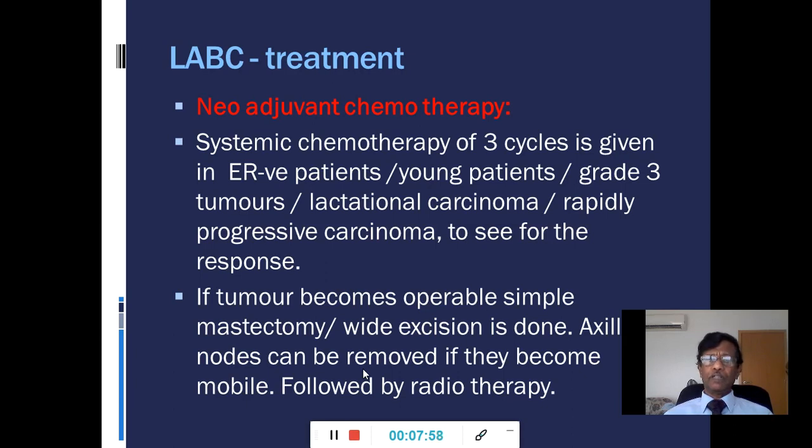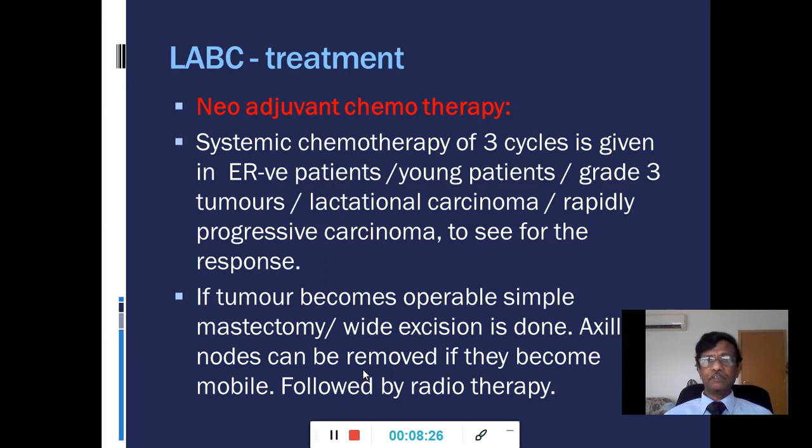Neoadjuvant chemotherapy, that is what I told you. Neoadjuvant chemotherapy, 3 cycles, is given in ER negative patients, young patients, grade 3 tumor patients, lactational carcinoma patients and rapidly progressive patients to see for a response. A patient who is ER negative has no other option, so we have to give systemic chemotherapy.